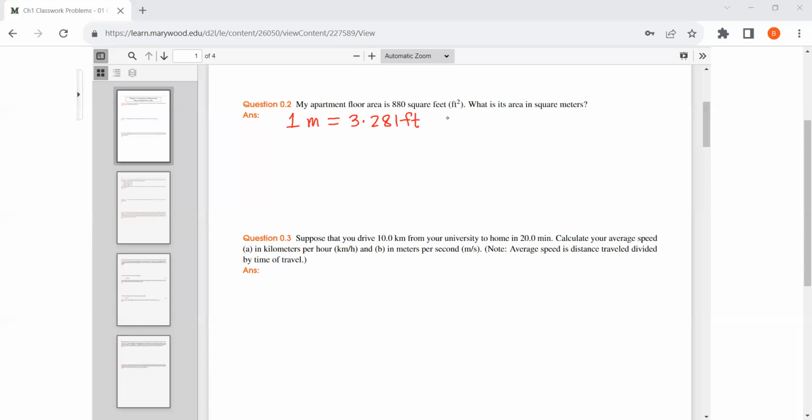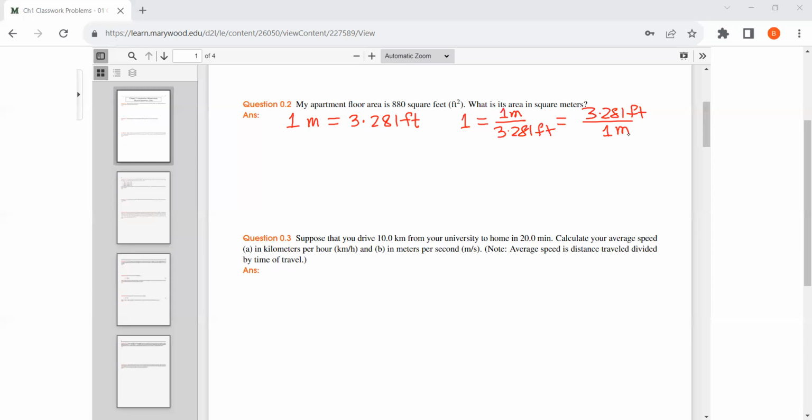So, same as the first problem, we first have to make a fraction of 1. The fraction of 1 will be something like this: 1 meter over 3.281 feet, or 3.281 feet over 1 meter. So either this one or this one.